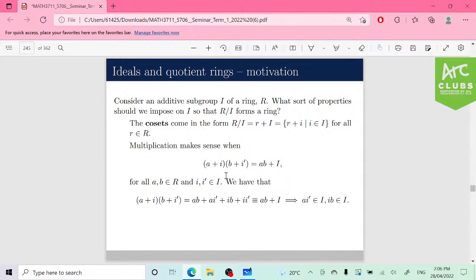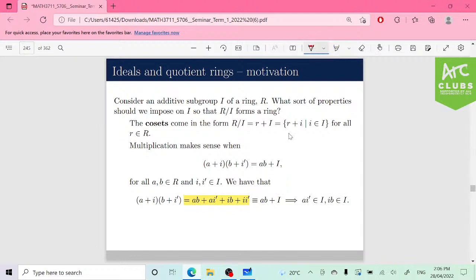From group theory, you should end up with another coset, and the representative is given by the product of the two representatives that you started off with. This has to hold for every representative in R. When you FOIL it out, when you do the multiplication itself, you obtain this result here.